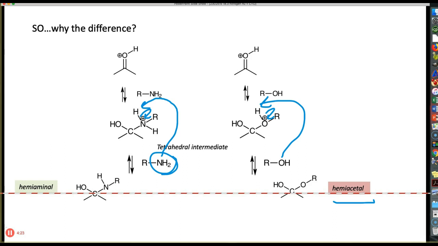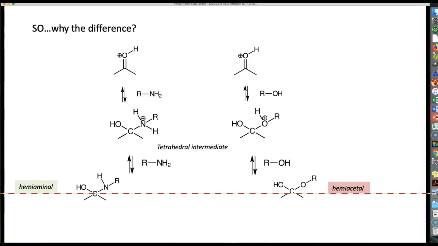Well, nitrogen has its own name too, and it's a hemiaminal. So if you know anybody who got animal and aminal mixed up when they were little kids like I did, you're destined to be a chemist because there really is such a thing as an aminal. So we have two very similar neutral tetrahedral intermediates. So far so good. Still no difference.